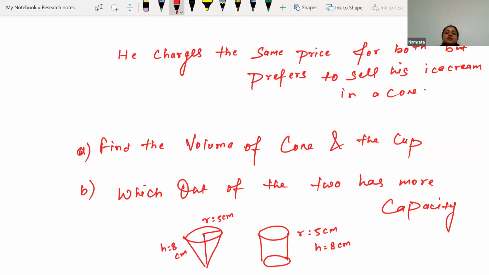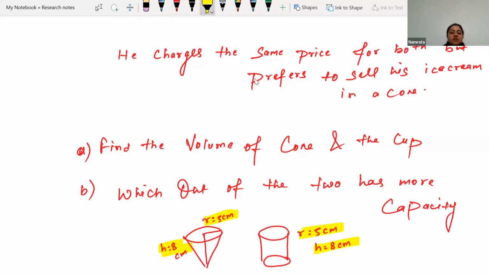Yes. This is a very basic question where only the information is given and it is asking us to find the volume only. No need to think about anything over here. Whichever's volume is more will be having more capacity. If you know the formula, here you can see radius is 5, height is h.